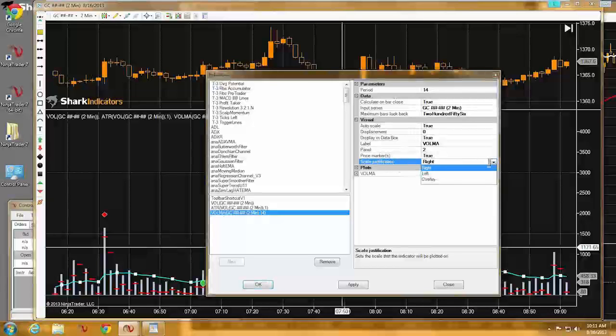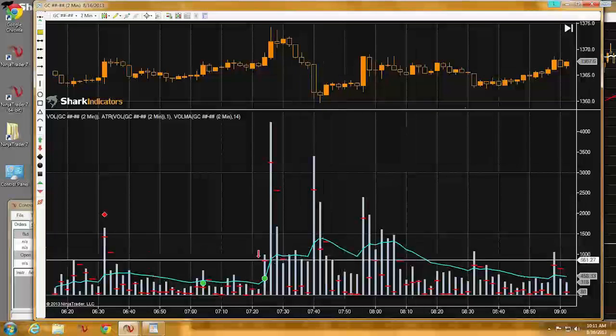Scale justification, what is it? Overlay. Yeah, so if you have all your indicators on the same sub panel, make sure they're all set to right scaling. That's the only way you can make an apples to apples comparison when we're doing things like this.